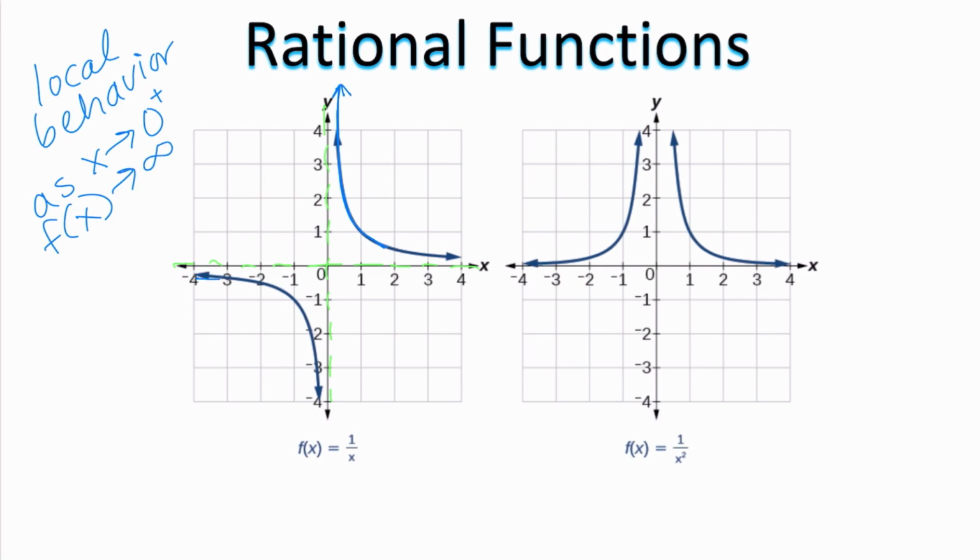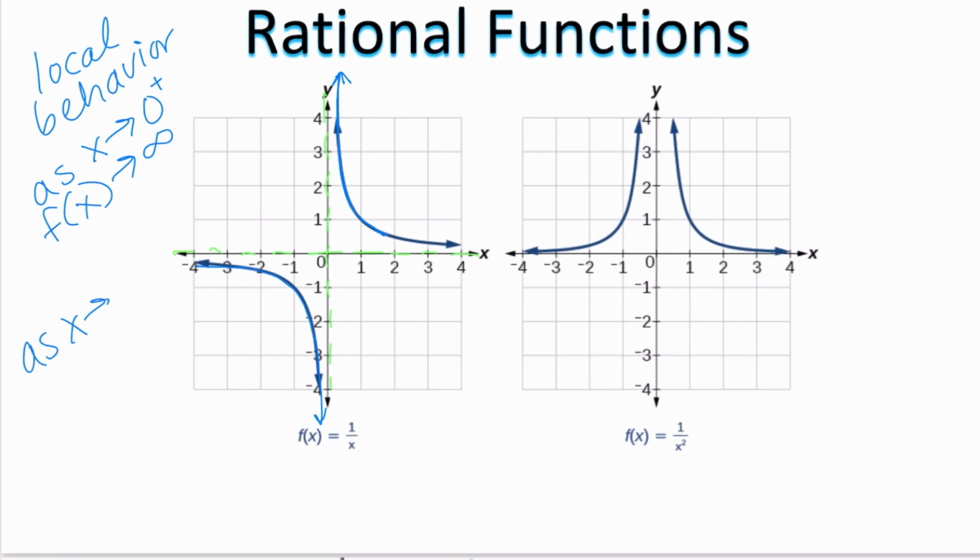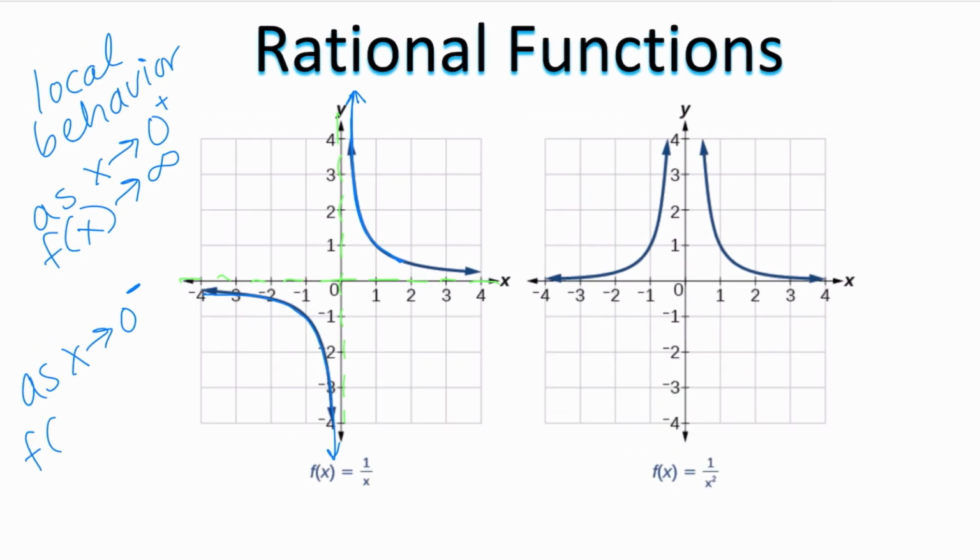And as I come from the left-hand side towards 0, notice the graph is going to continue towards negative infinity. So as x approaches 0 from the left, that's what that minus at the top right corner means, the function is going to approach negative infinity.